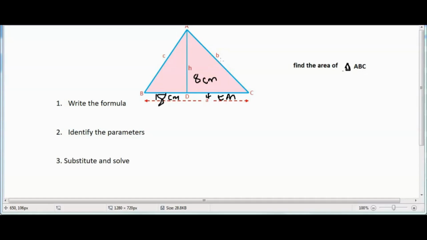Now the formula for calculating this requirement is that of a triangle with 2 given sides. And that should be the area equals half times a times b, where a and b are base and height respectively.